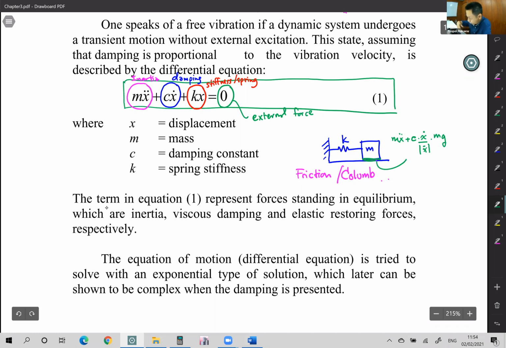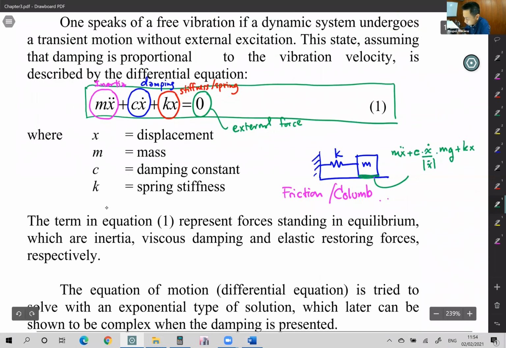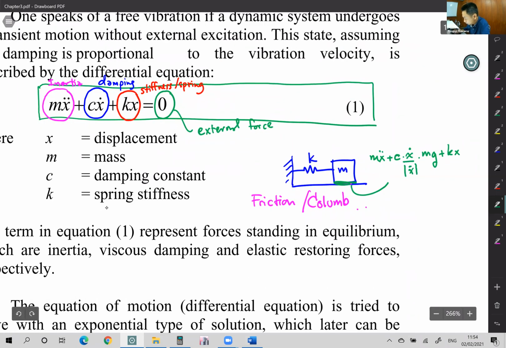This is the normal force on the friction surface, plus kx, I'm sorry, kx, something like this. And this friction term becomes nonlinear.